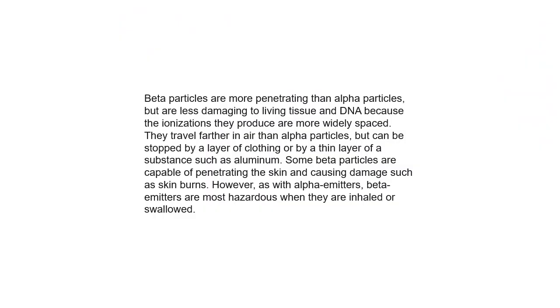Beta particles are more penetrating than alpha particles because they have a small mass, right? The beta particles have a smaller mass, and they won't get stopped easily compared to alpha, but are less damaging to living tissue and DNA because the ionizations they produce are more widely spaced.